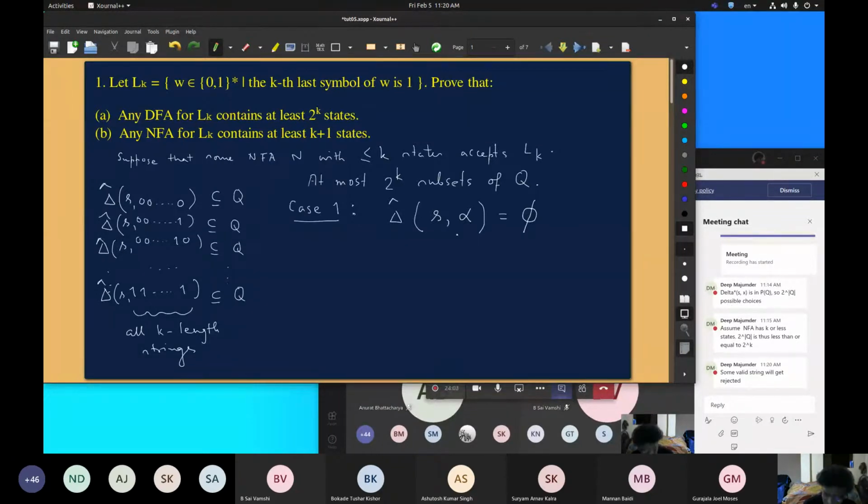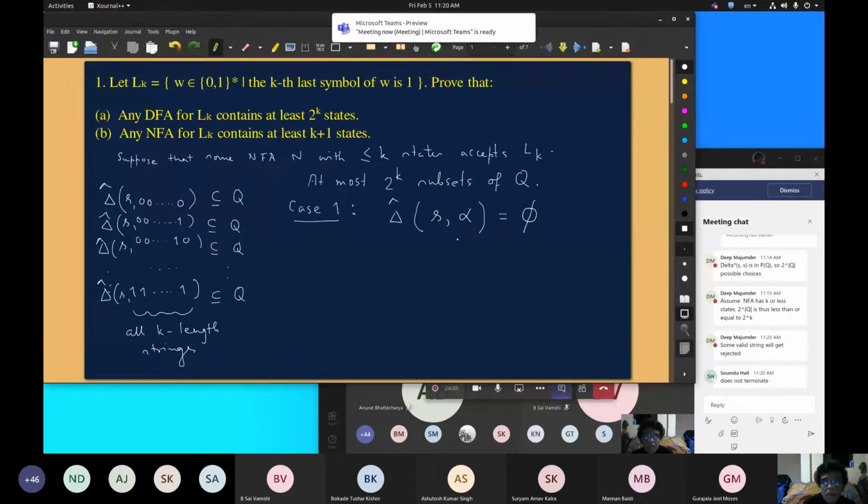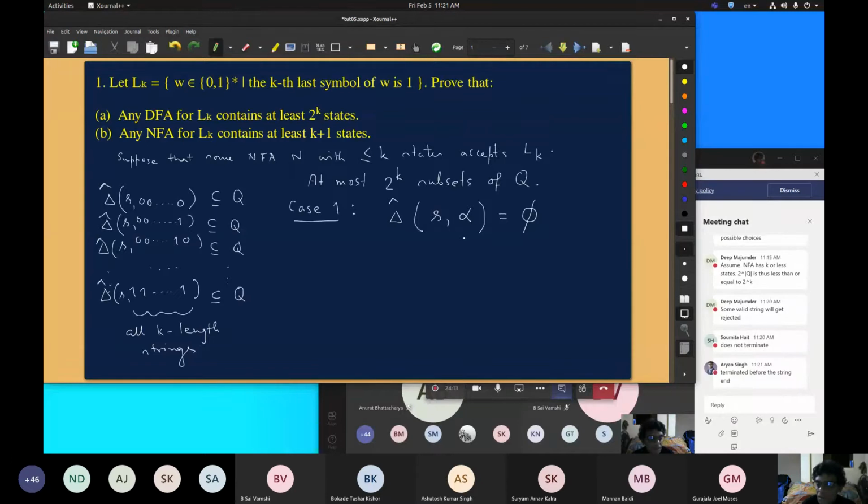Then we will see its implications. It's not the question of not terminating.